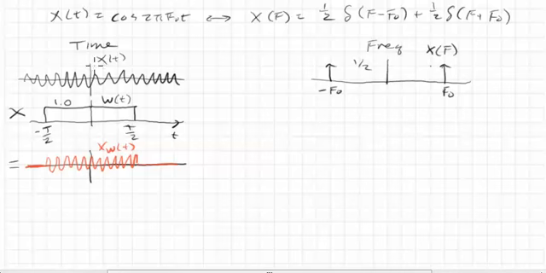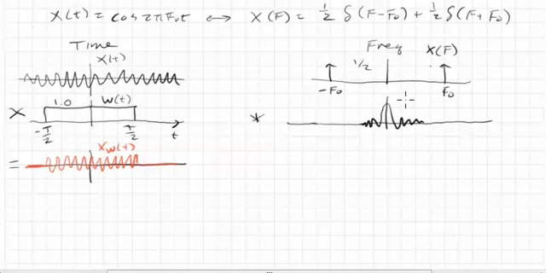Multiplication in the time domain is convolution in the frequency domain. That's one of those fundamental ideas that we've talked about that you really have to know. What's the Fourier transform of this rectangle? You should also really know that a rectangle transforms into a sinc function. Let's see if I can draw a sinc function. I'm not going to try to draw it very carefully, but it looks like that.